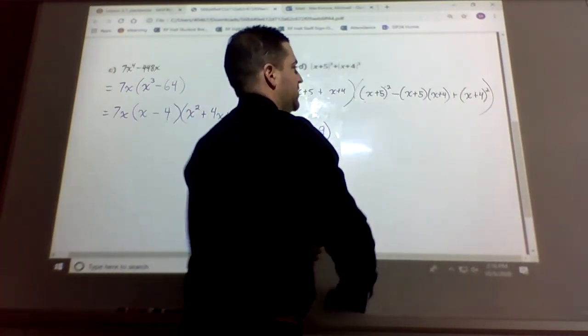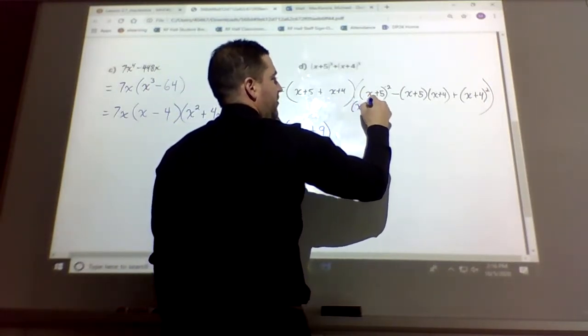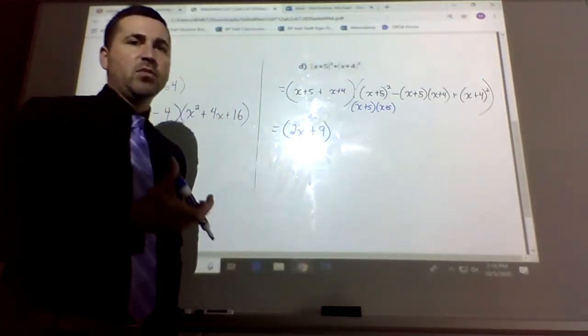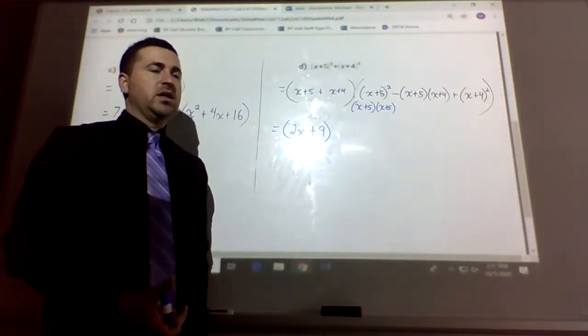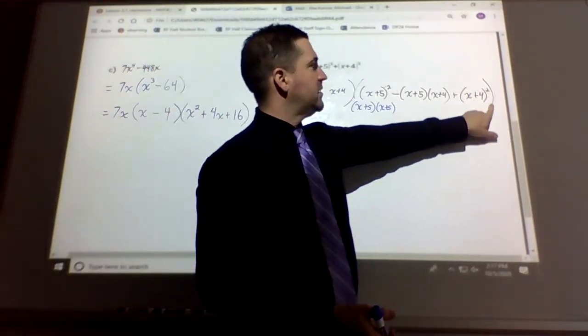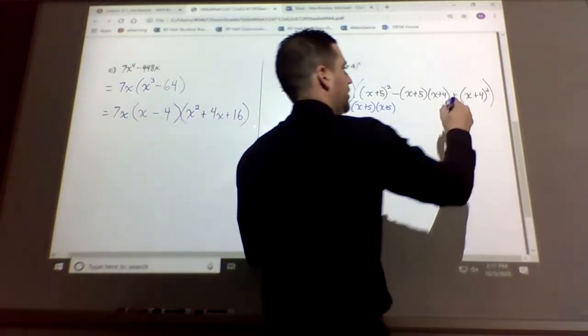What x plus 5 to the power of 2 is, is x plus 5 times x plus 5. It means it's the same bracket multiplied by itself. Likewise, x plus 4 squared is x plus 4 times x plus 4.